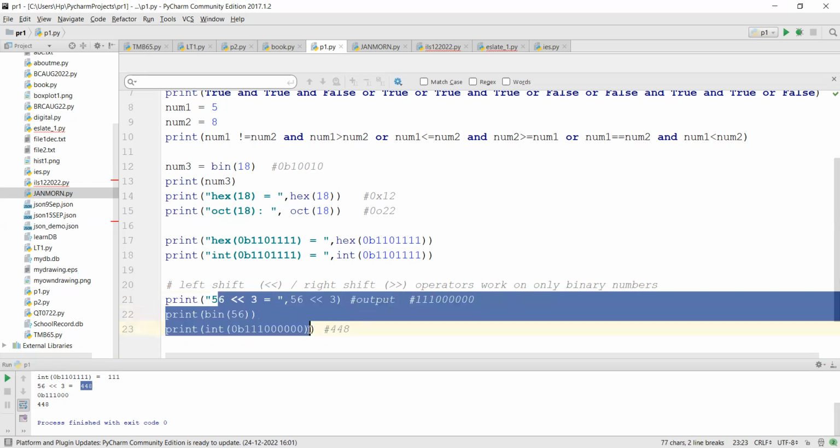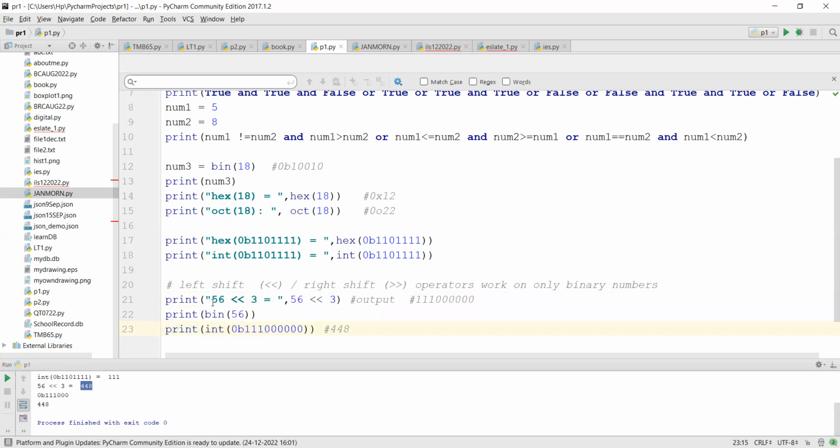So this is called the left shift operator. The left shift operator works on binary values. And this is what it would mean: 56 left shift 3 would mean multiply 56 by 2, 3 times.